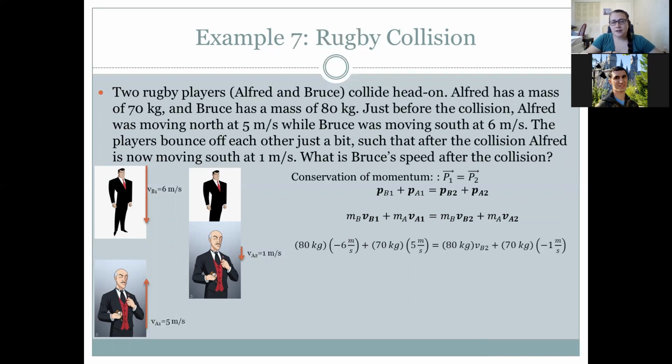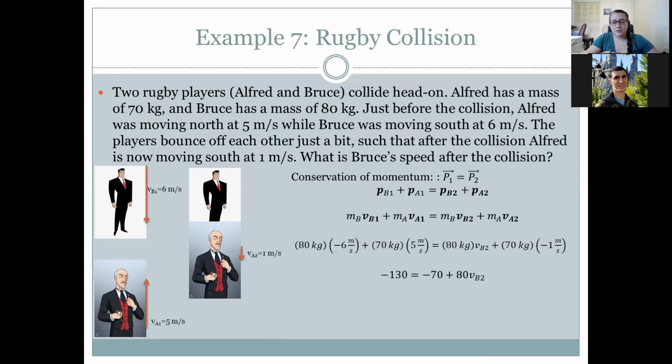When we plug in our numbers that we're given, Bruce has a mass of 80 kilograms and an initial velocity of -6 meters per second. Alfred has a mass of 70 kilograms and an initial velocity of +5 meters per second. And then he has a final velocity of -1 meter per second. So we're solving for VB2 here in this example.